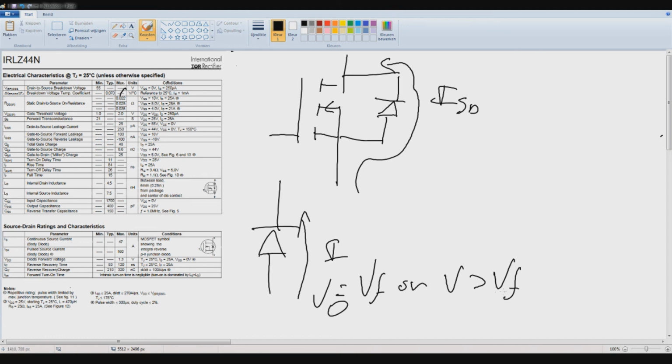But what you also know is forward voltage is always there, and it's there as a voltage drop across the diode. And what you must be careful of is, again, power losses. In this case, this will be 1.3 volts, and this, let's say, maximum of 47 amps, which is, if I calculate, 61 watts, which is a lot.